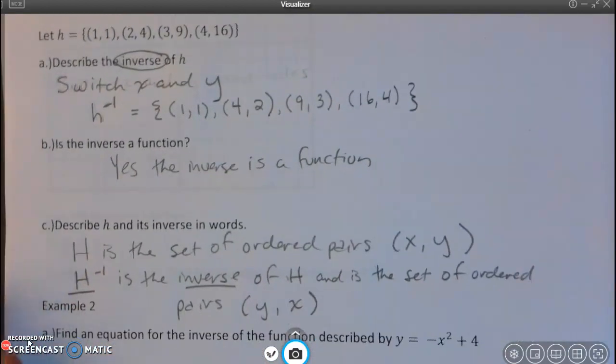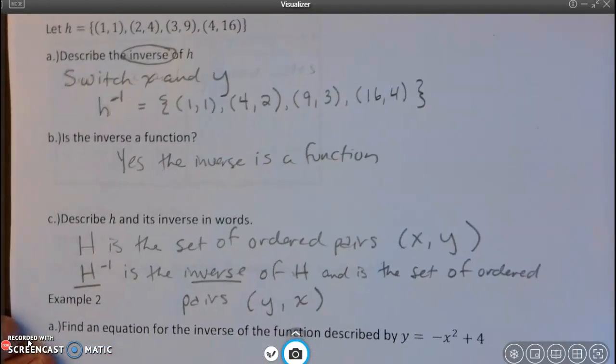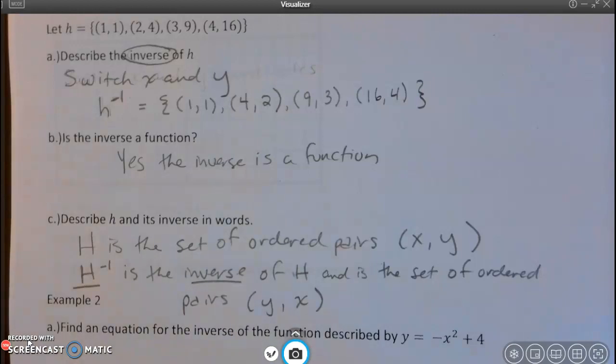So the simplest definition of an inverse is for you to realize that we're switching x and y. And we also need to remember that my notation for inverse is h to the negative first power. That's what it looks like, okay?